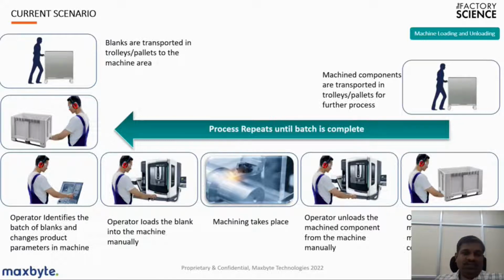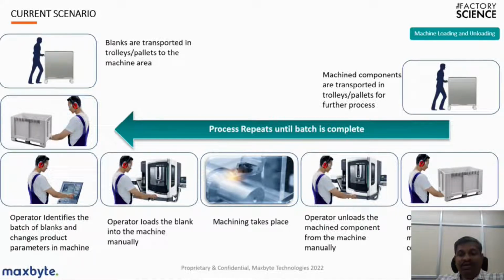So this slide explains the current scenario of machine loading and unloading, which is done by an operator. The operator first carries the pallets or raw material from the storage yard. He will move it near the machine, identify the part, then program it in the machine, then load the blank.